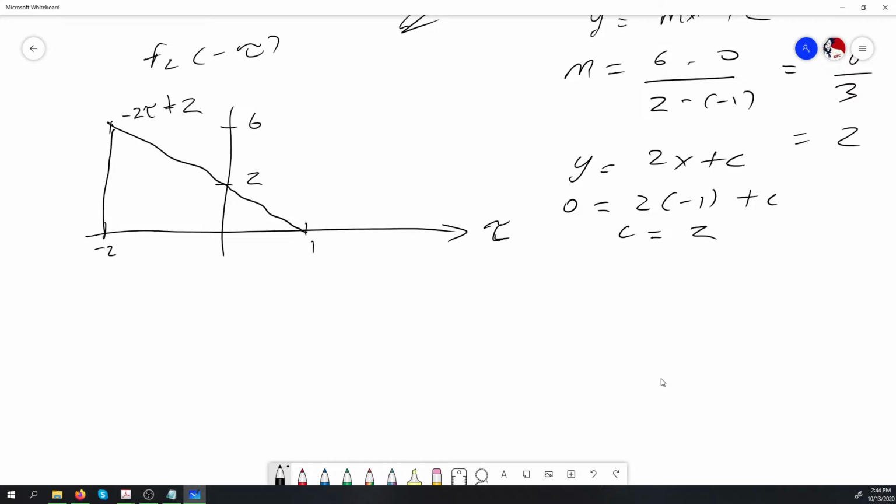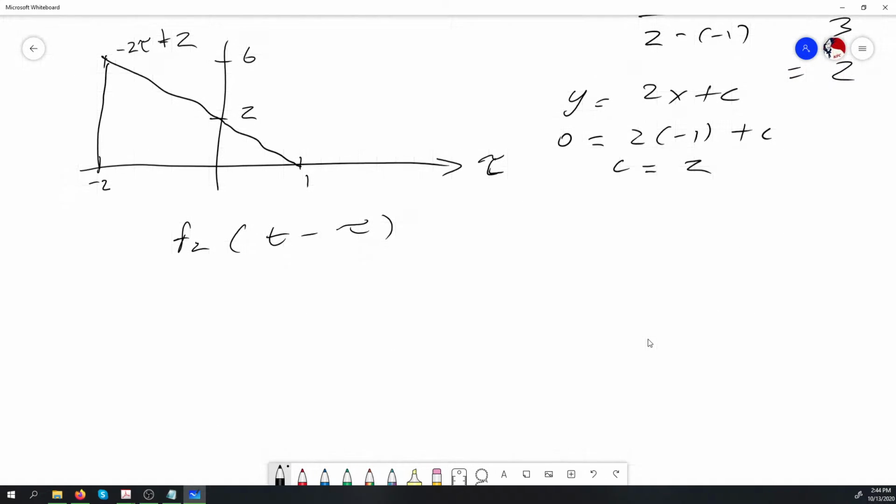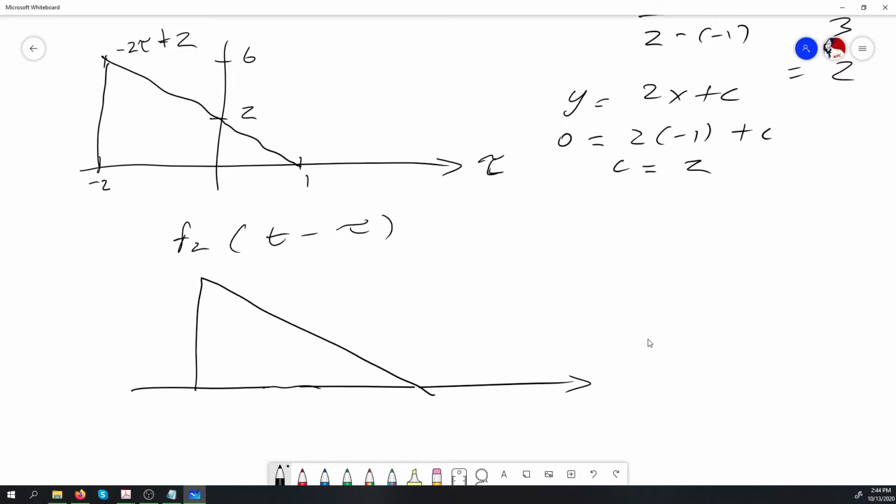And then we need to make this into f2 of t minus tau. So in making this into f2 of t minus tau, oh, oops, we no longer have a y-axis because this is a sliding signal. So this equation here becomes -2, and if we just add tau over here, we add t here.